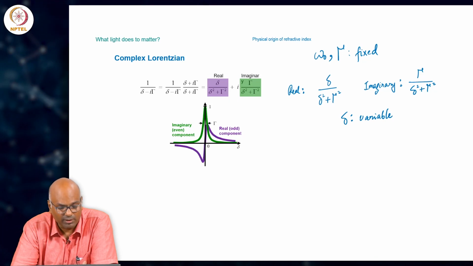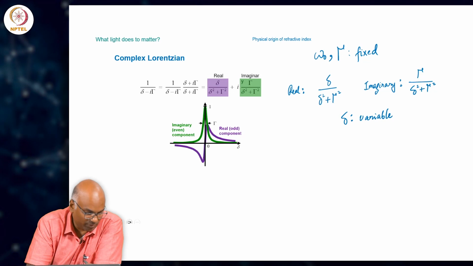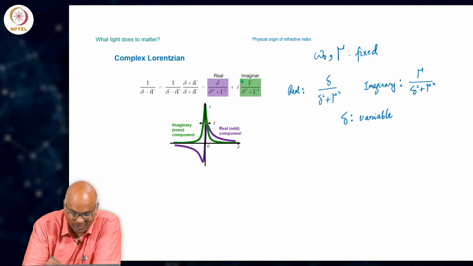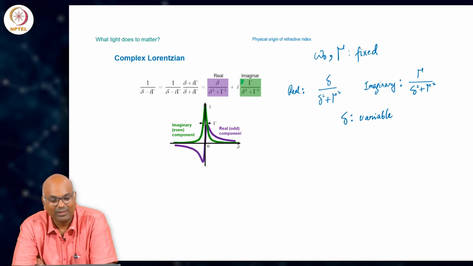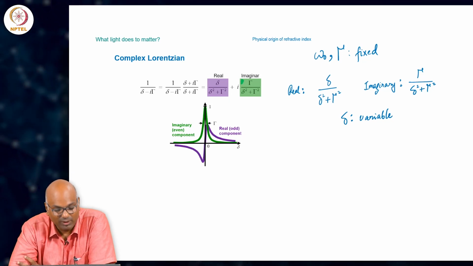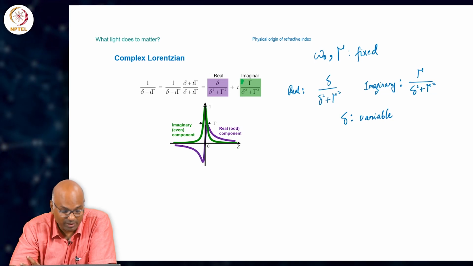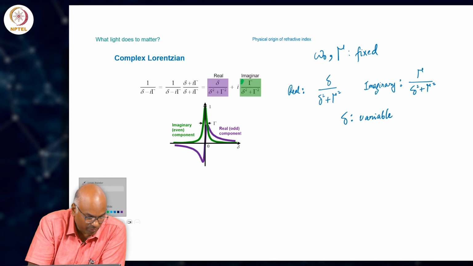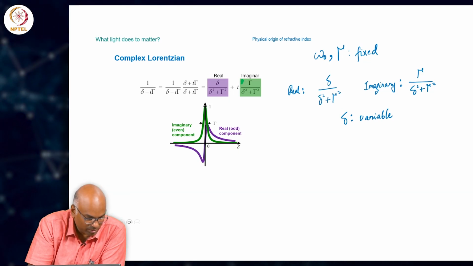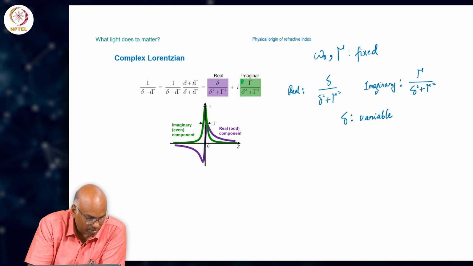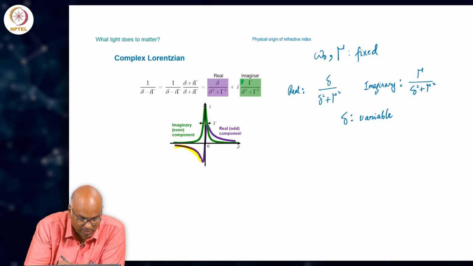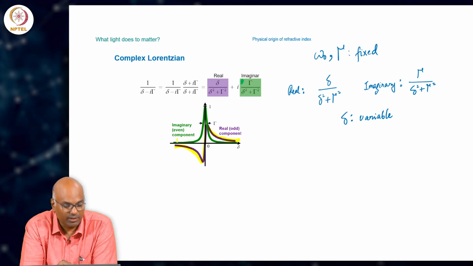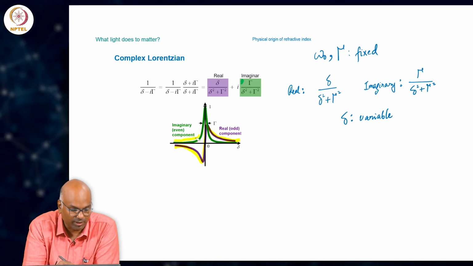So, the imaginary part is an even function, whereas the real part is an odd function. The real part is plotted in violet in this plot. It has this very characteristic S shape, whereas the imaginary part is very symmetric.